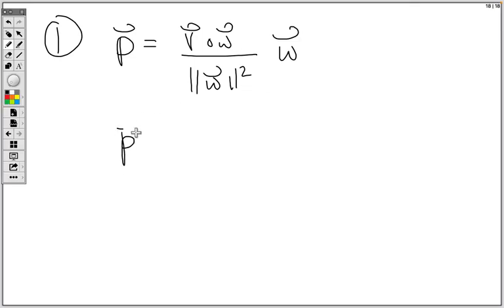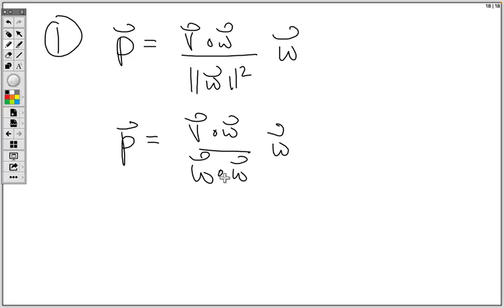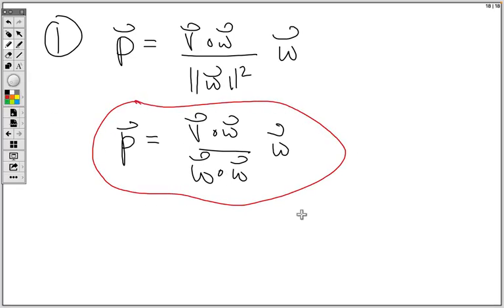We can rewrite this using properties of the dot product because the magnitude of W squared, that's the same as W dot W, right? And this is usually a fan favorite because it involves dot products, which are pretty easy to calculate. What we have here is a sort of fractional part, V dot W over W dot W, times W. So it's important to understand that this here is a real number.